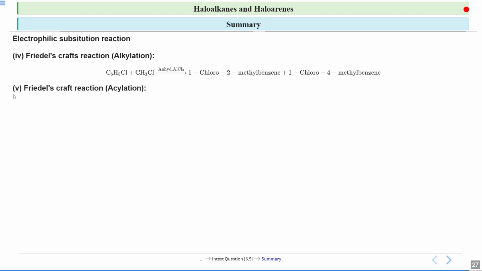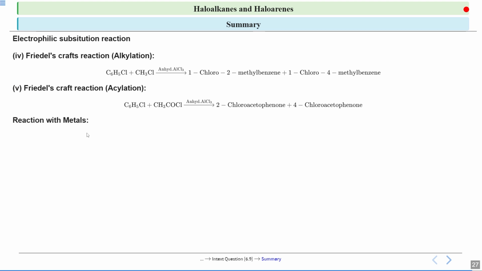Then you have the second type of Friedel-Crafts reaction, that is acylation, where the aryl halide reacts with CH3COCl in the presence of anhydrous AlCl3, and again you are getting a mixture of products. The para substituted one is major, the ortho substituted one is minor.